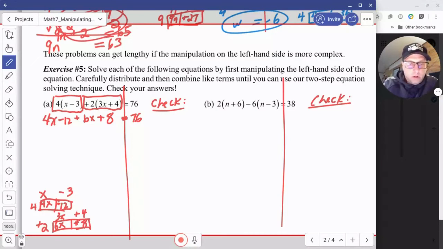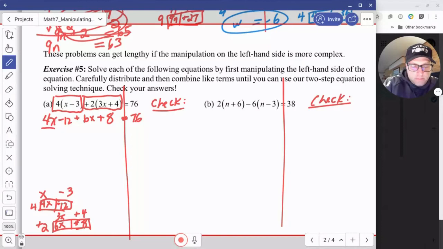So we separated, we organized. We're in the simplify step, because this left side of the equation isn't simplified yet. It can get simpler, and that simplify step is to combine like terms.